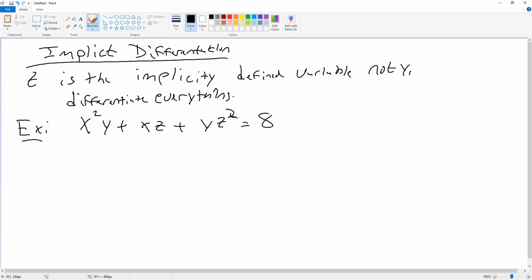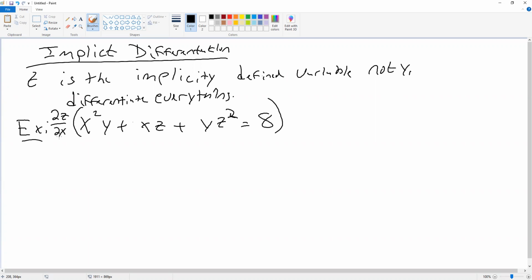So what are we going to do here? What I like to do, you don't have to follow it, is take the partial with respect to x. And if we do the partial with respect to x, we also have to do the partial with respect to y.